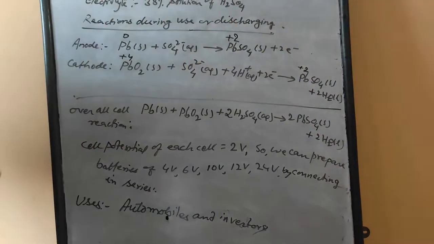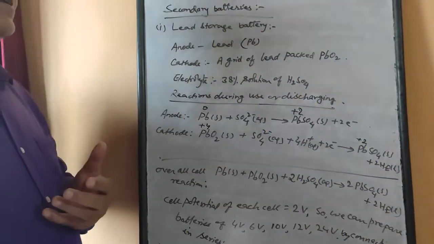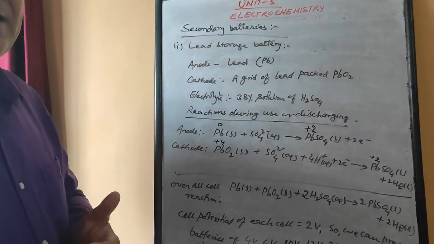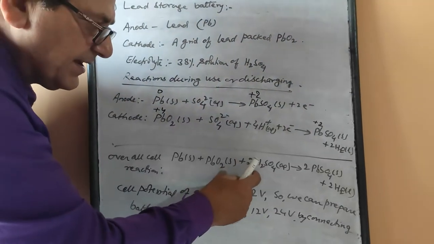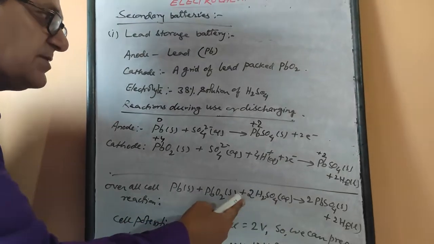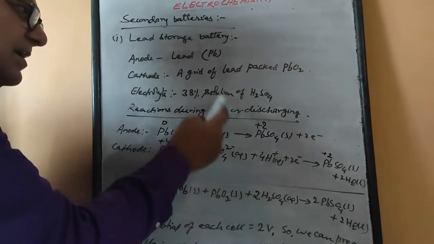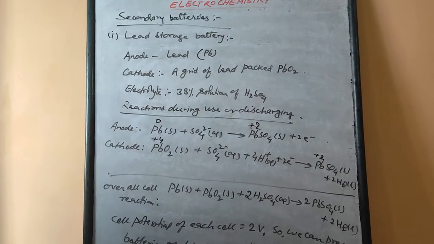Now after the use of this lead storage battery, in the cell reaction you can see that this H2SO4 is consumed. So a situation comes when the concentration of this H2SO4 decreases.